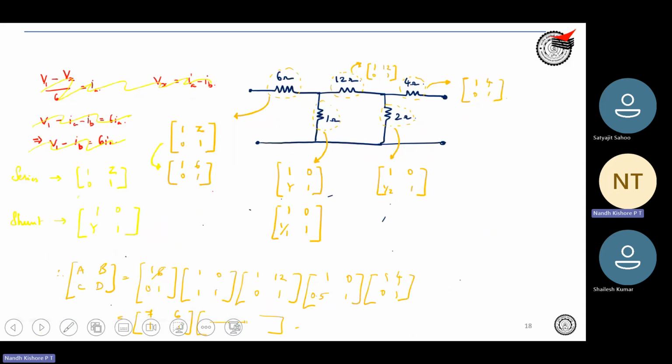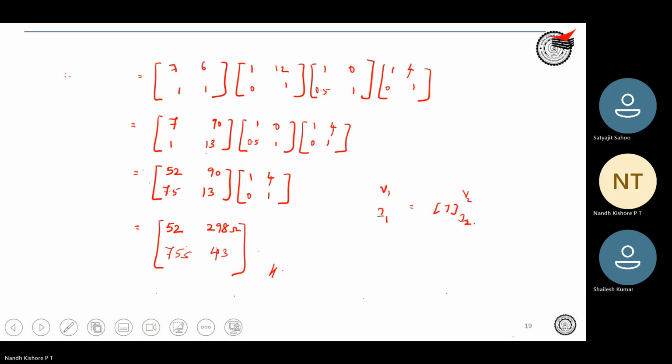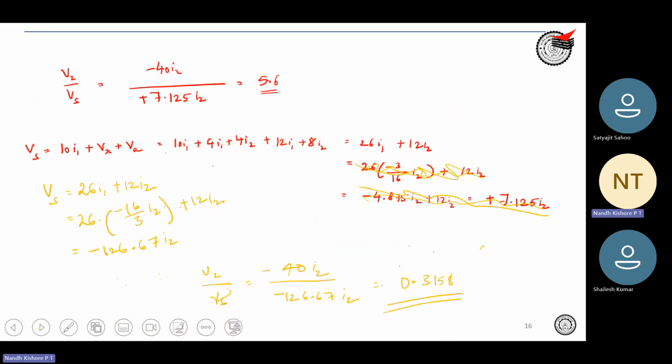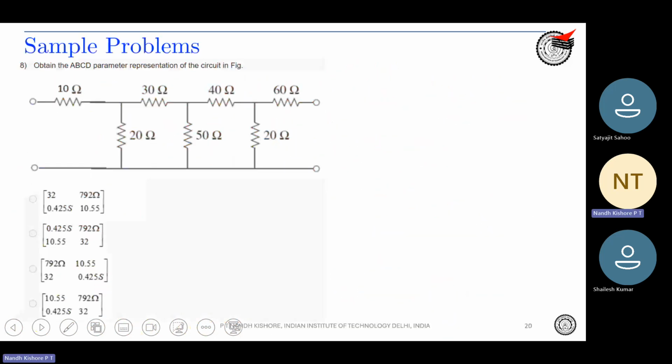Is this fine? I think this is the best way to find out the transmission parameters. Okay. So if this is fine, we will move ahead to the next question.